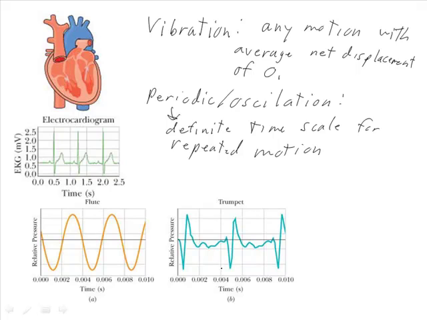Okay, so both of those are periodic. It shows the pattern is repeated with a very definite period or a very definite time for the pattern to repeat. And a periodic motion is sometimes called an oscillation. Okay, those are essentially the same term.